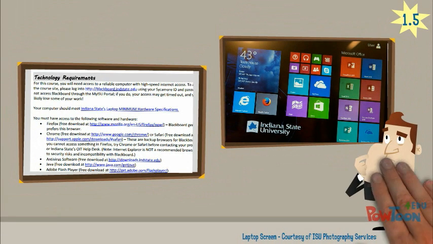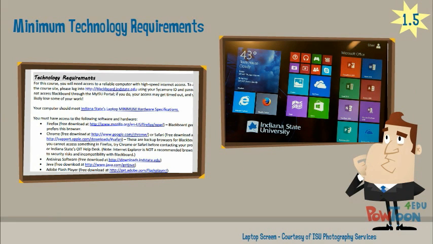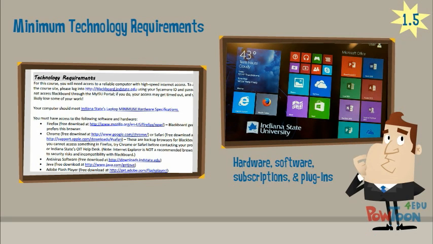1.5 says that instructors are encouraged to clarify the minimum technology requirements for the course that students will use throughout the course. Technology may include hardware, software, subscriptions, and plugins. Providing clear instructions about obtaining, installing, and using these technologies are also preferred.